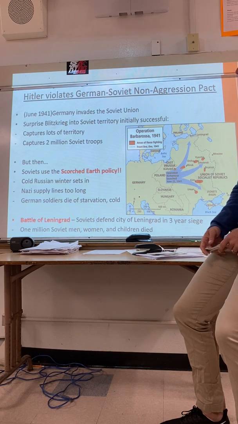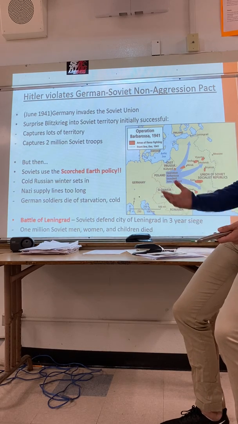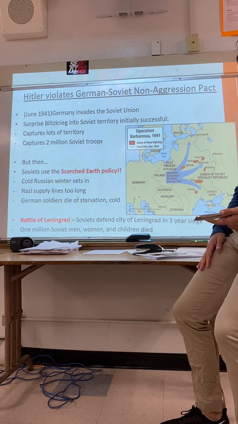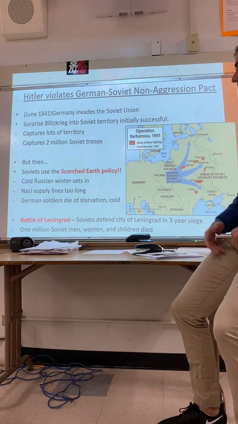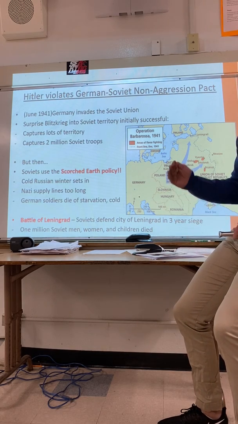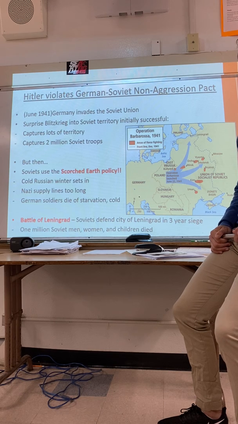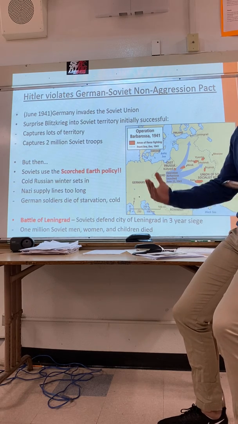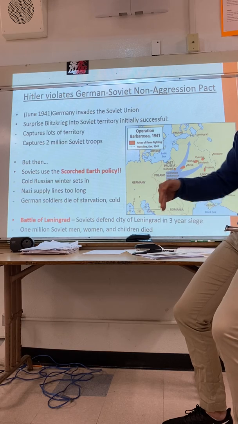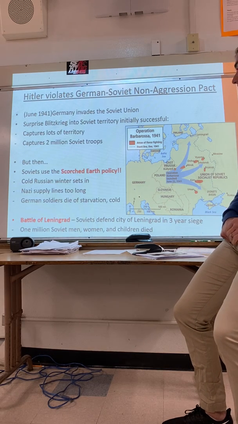Surrender the city. In this case, here's Leningrad. It should be surrendered to the Nazis. But Stalin, Joseph Stalin, the leader of the Soviets, refuses to surrender his cities. And he's going to leave the civilians pretty much on their own. He does this at Leningrad. He does this at Stalingrad.